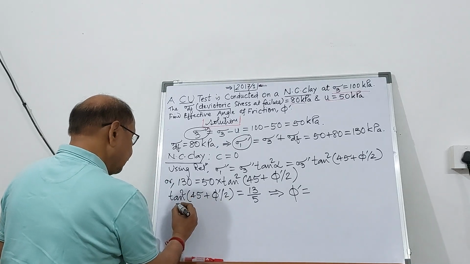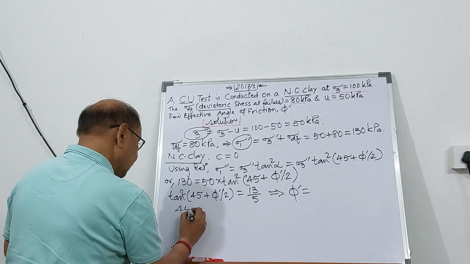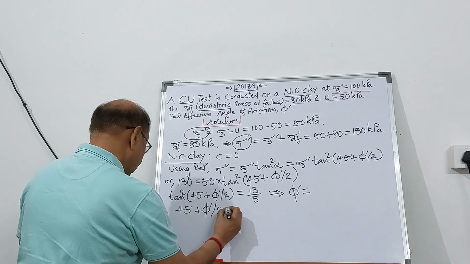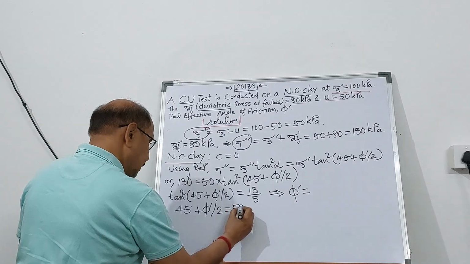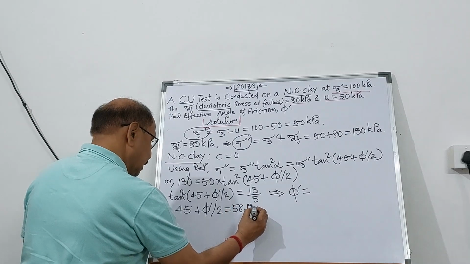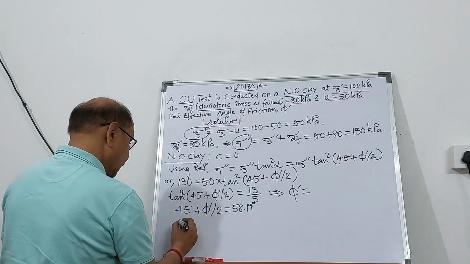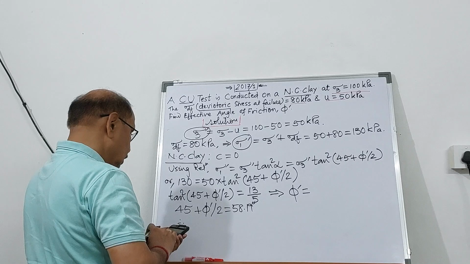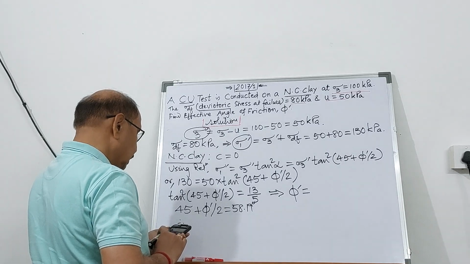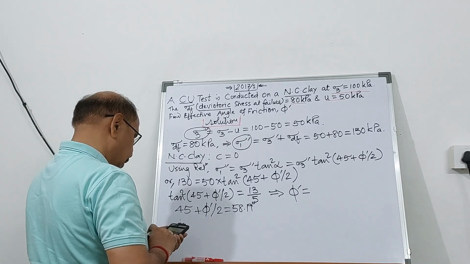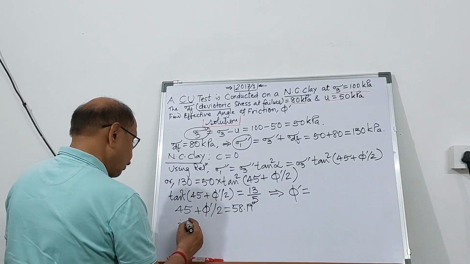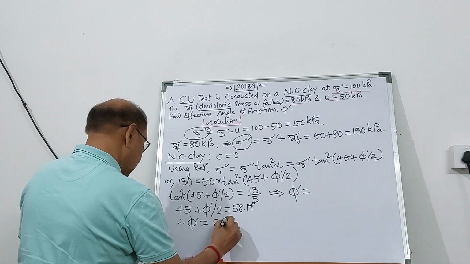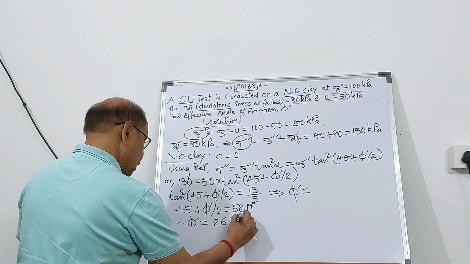So what we get by simplifying here, that 45 plus phi prime by 2 equal to 58.19 degree. Therefore, minus 45 multiplied by 2. Therefore, phi prime equal to 26.38 degree.